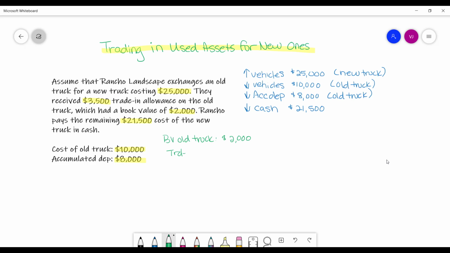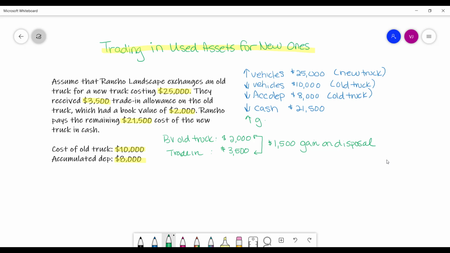But the amount of trade-in that they allowed is $3,500. So they valued the truck at $3,500, although its remaining book value was only $2,000. So we actually received $1,500 more for this truck than its remaining book value. So that represents a $1,500 gain on disposal.